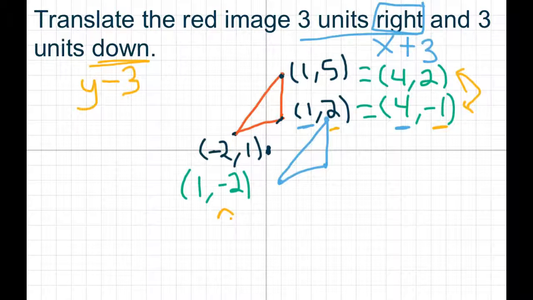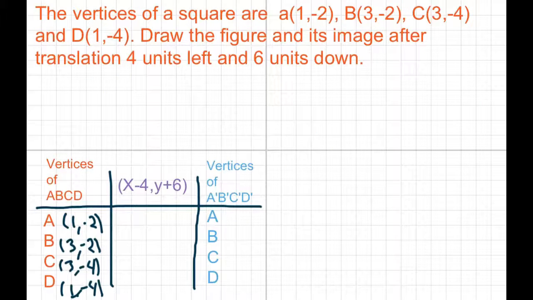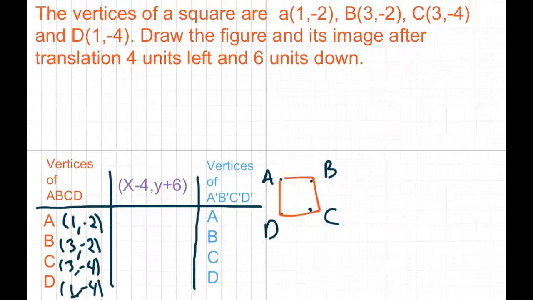Now let's try another one. This one has not yet been plotted, so we must actually plot our figure. I have done this now for you, and so now all we must do is actually connect the dots. And then our next step is to determine what our new image is going to look like.